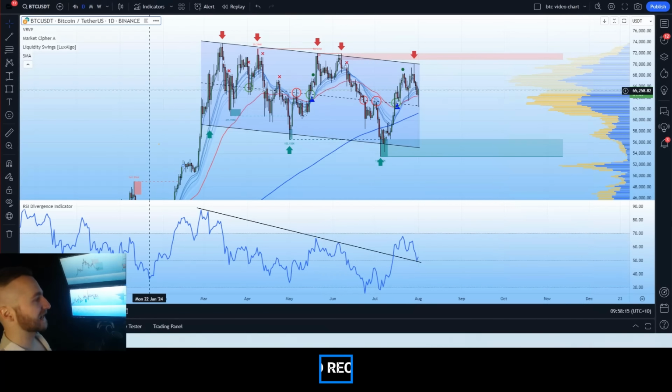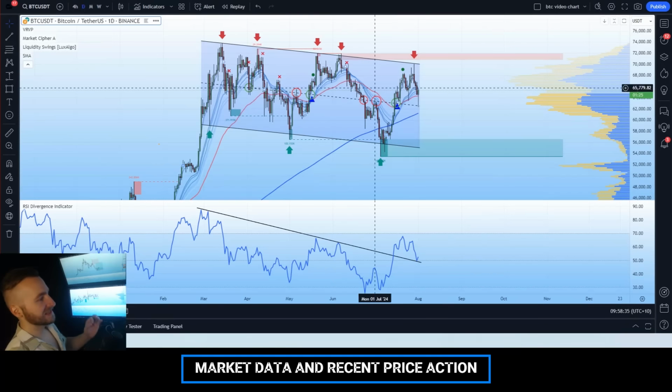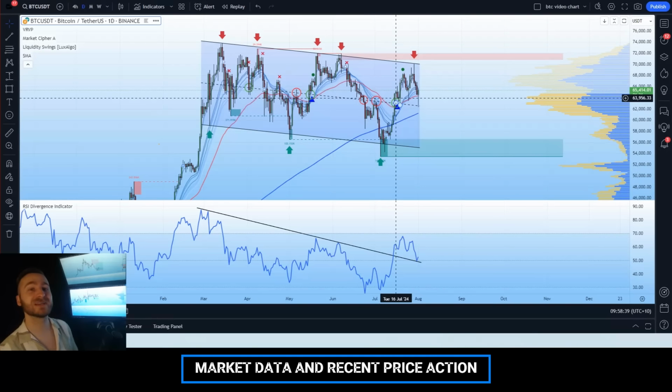So taking a look at the last 24 hours of price action, we have seen a decent amount of volatility as Bitcoin corrected on the short term to retest that major area of support at 63 to 64,000, temporarily breaking below the horizontal level to retest the dotted trend line of the descending channel formation, a level we have been discussing for weeks now.